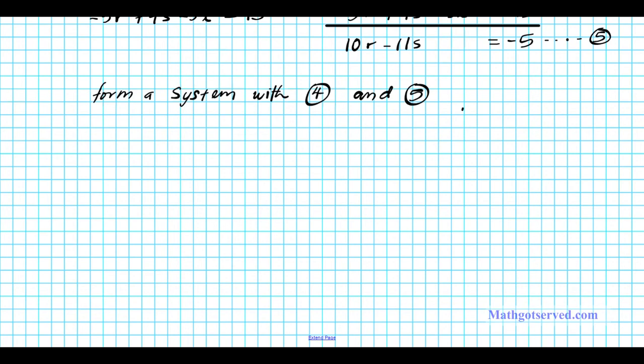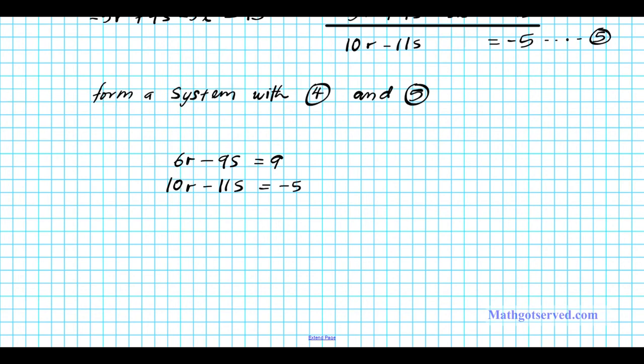All right, so let's set them up next to each other so we can solve by elimination again. Equation 4 is 6r minus 9s equals 9, and equation 5 is 10r minus 11s equals negative 5.